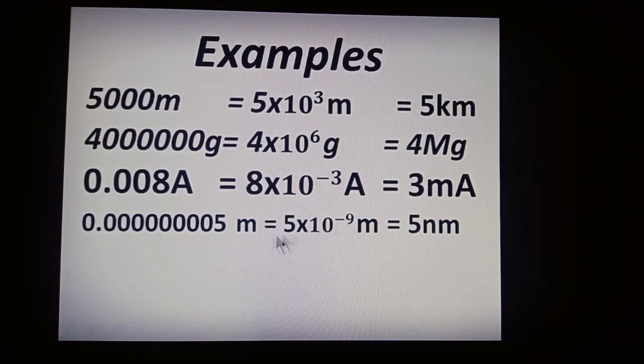Power will be negative because it is shifted towards right. So it will be 5 into 10 raised to the power minus 9 meters, or 5 nanometer. You know 10 raised to the minus 9, the prefix for it is nano. So we can write this value as 5 nanometer.